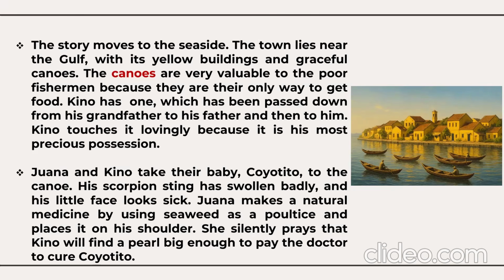She makes a powder from the seaweed and places it on the baby's shoulder. She silently prays that Kino will find a big pearl so they can pay the doctor to cure their infant son, Coyotito.